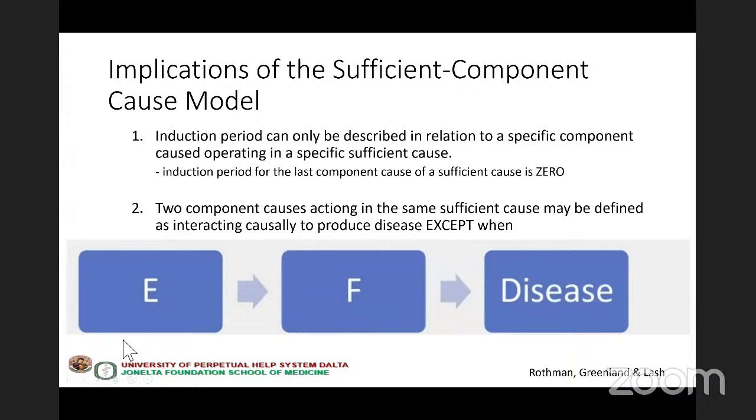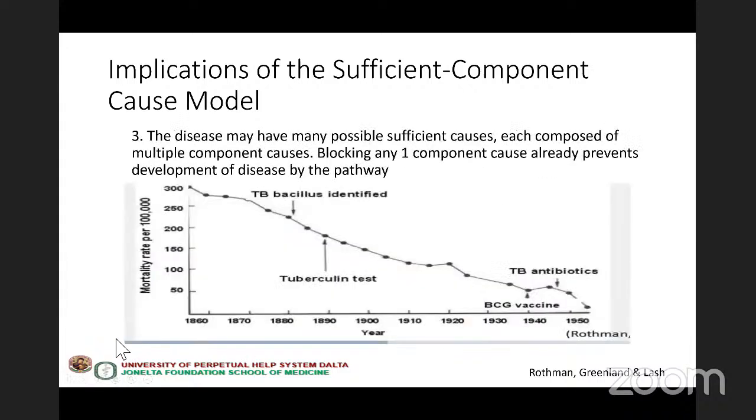Okay? And a third implication: the disease may have many possible sufficient causes, each composed of multiple component causes. Blocking any one component cause already prevents the disease by that pathway.